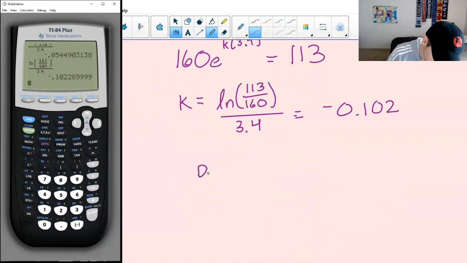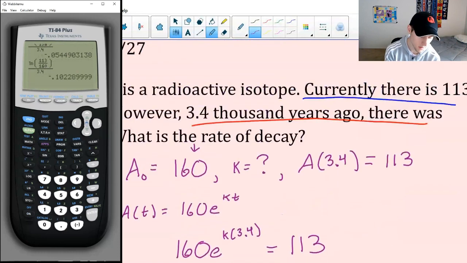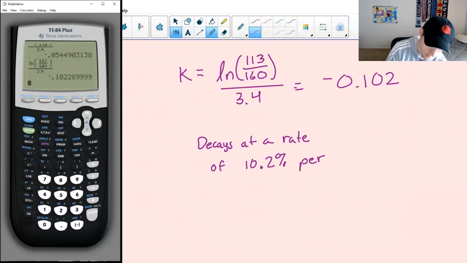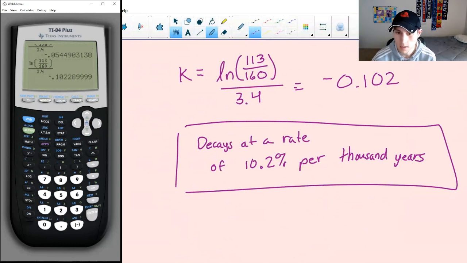It means it decays at a rate of 10.2% per 1,000 years.